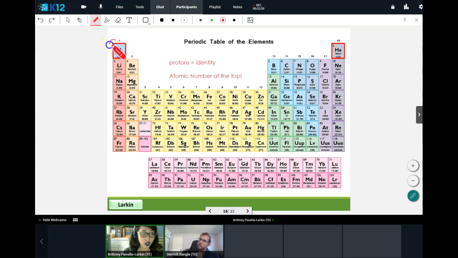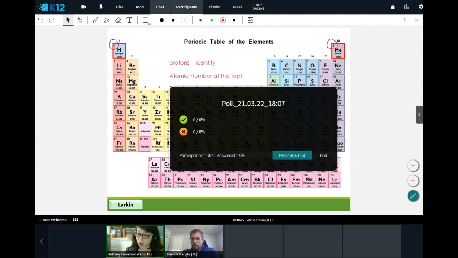So for example, hydrogen always has 1 proton and has an atomic number of 1. Helium always has 2 protons and has an atomic number of 2. Again, taking a look at the number at the top, that's what we're going to be focusing on in the next few slides. Green checks if that makes sense. Again, atomic number, protons always found as the whole number, generally at the top of our squares.